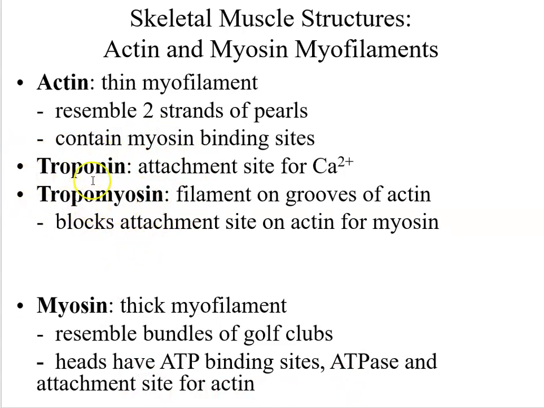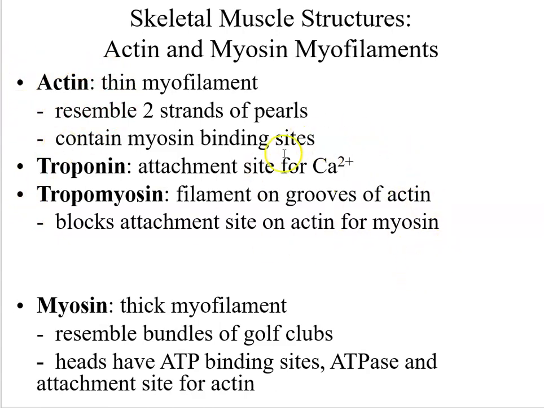They're different proteins, but like parents, they co-parent, they cooperate to regulate what actin is doing. So we've got our overprotective parents, the regulatory proteins troponin and tropomyosin, stuck on our beautiful actin.